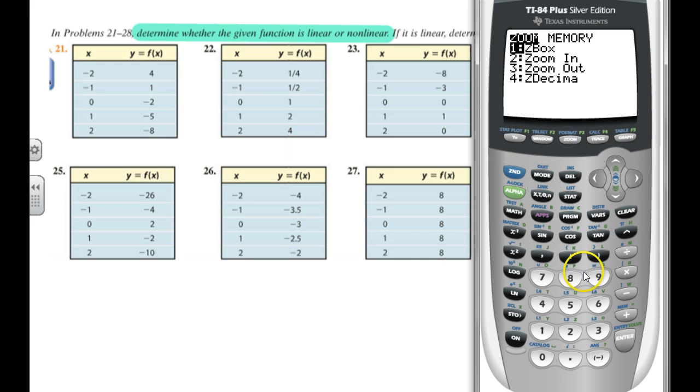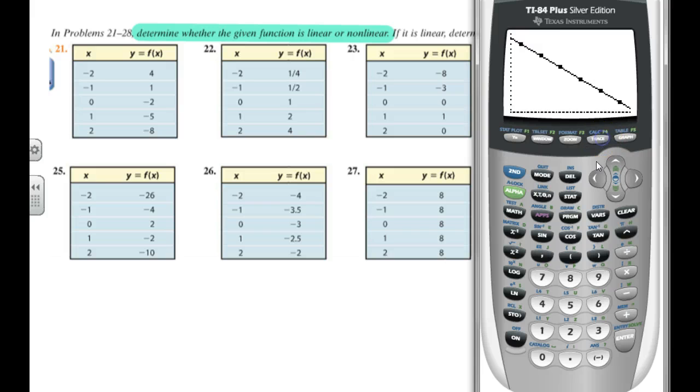So now when I hit zoom 9, not only does it give me the points, but it'll actually draw the line that best fits. If you want to see some estimations, you hit your arrow down and you can scroll along the line and make some predictions either in the future or in between points as well.